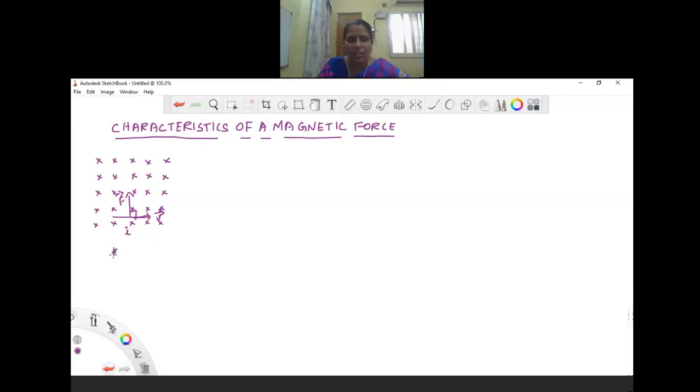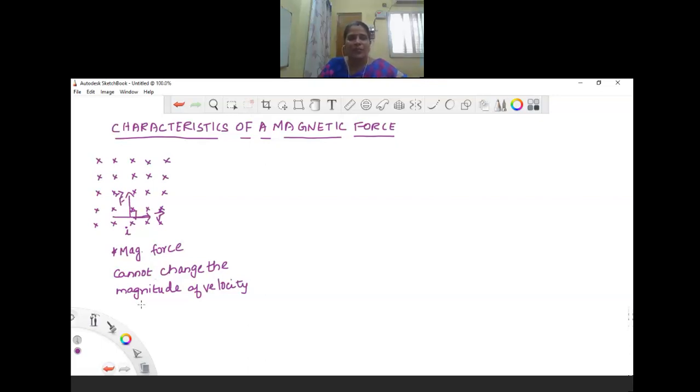So our first point is this magnetic force cannot change the magnitude of velocity, because its component along velocity is 0. So this is the first point.